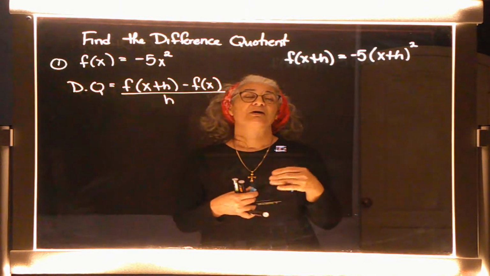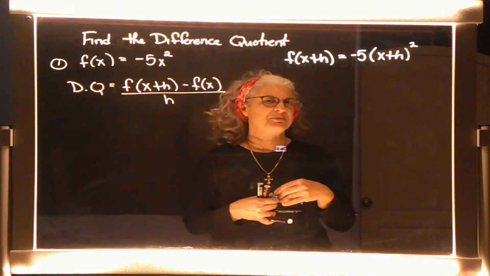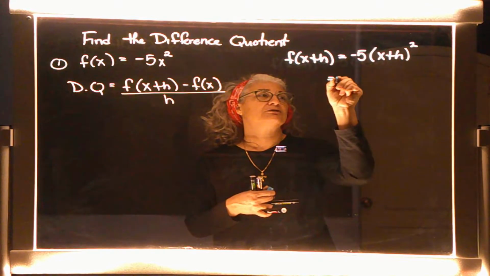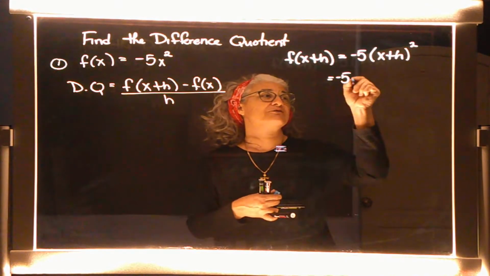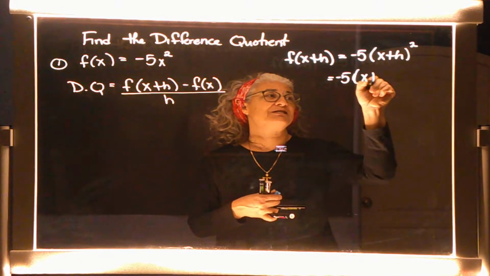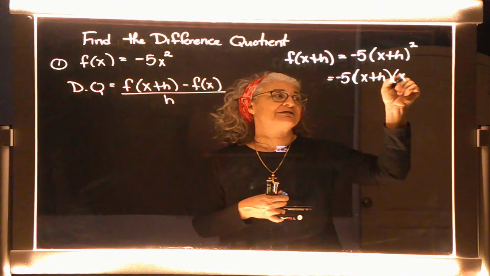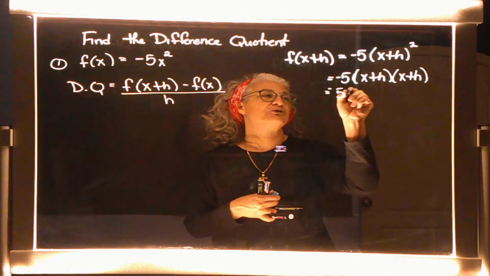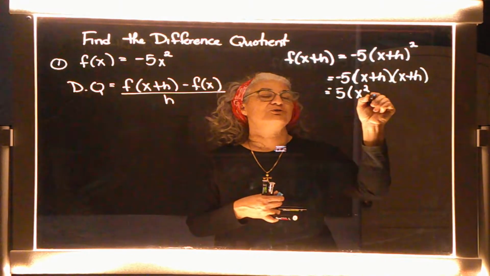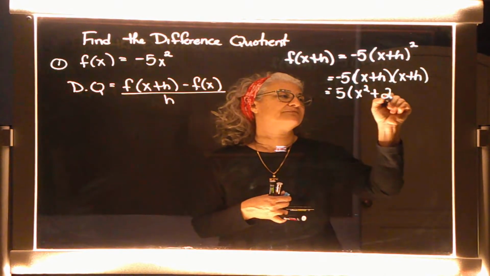Cool? Okay, we should probably simplify that, because I'd rather simplify as much stuff out here before I plug it into the formula. That means we have to take x plus h times itself. And yes, I'm assuming you remember how to distribute these two binomials.